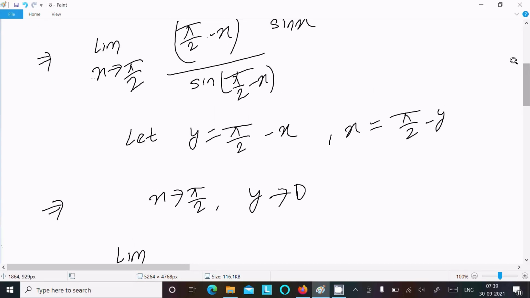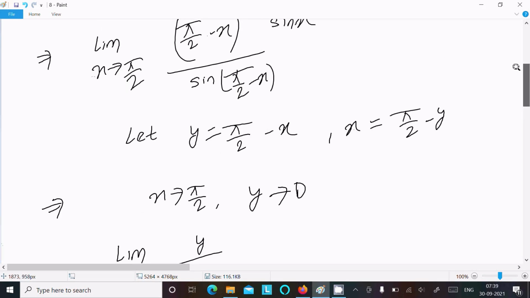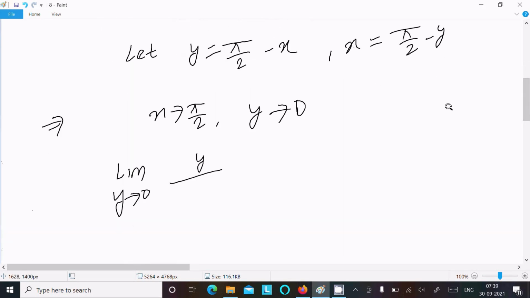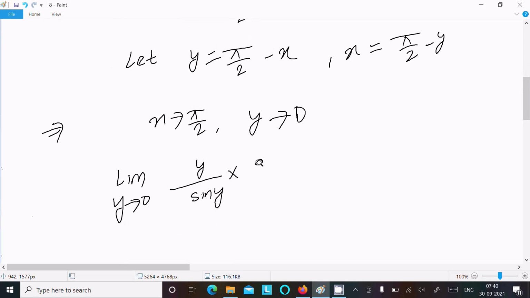The pi by 2 minus x, that I assume y. So this is y here, and pi by 2 minus x in the sine is assumed sin y, and after that, sin x is now sin(pi by 2 minus y).